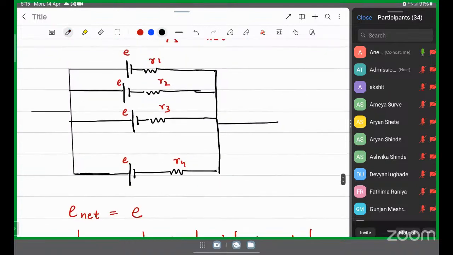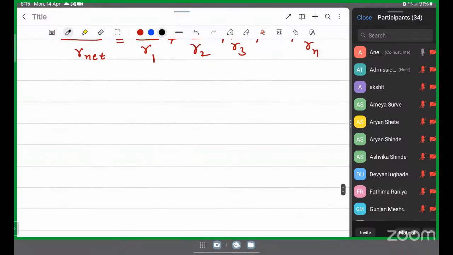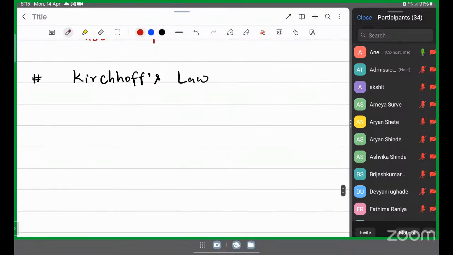Next point we have Kirchhoff's law. There are two laws according to Kirchhoff.